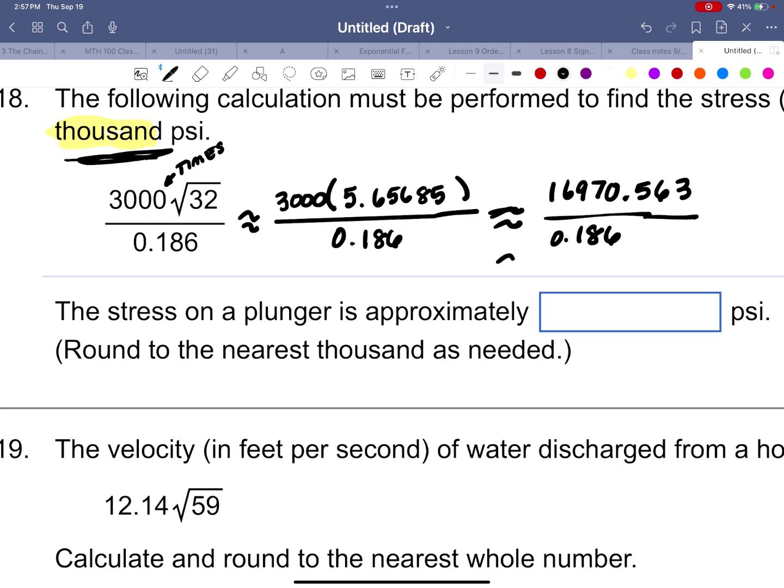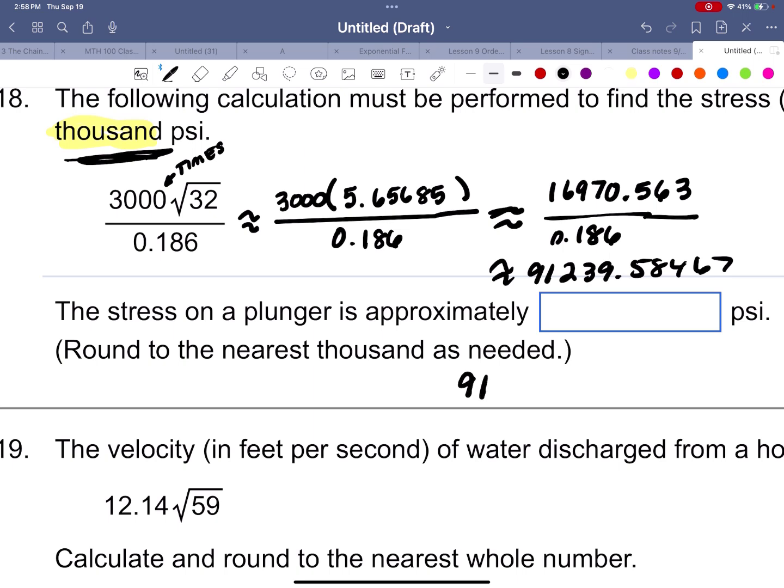And I get 91,240. Let me write that out. 91,239.58467.